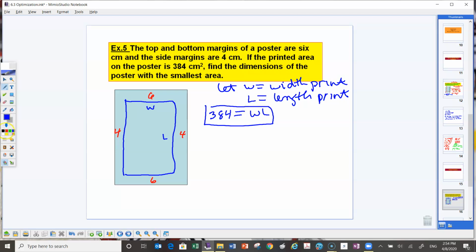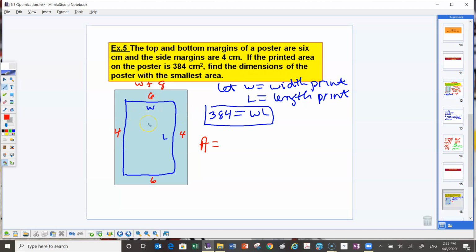Now, I want to come up with a formula for the area of the entire poster, because that's what I want to try to minimize. If this is the width right here, and I have 4 on this side and 4 on this side, then the entire width of the poster is going to be W, the printed part, plus 8.